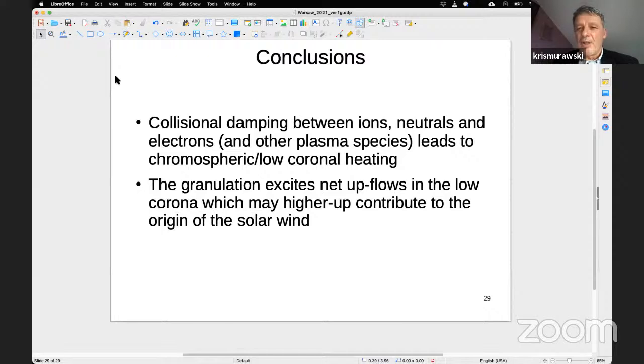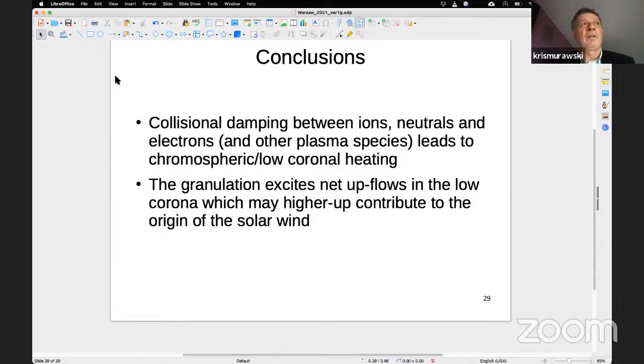Not yet. As far as the generation of the solar wind is concerned, usually people take Alfvén waves into account. They say that strong, large amplitude Alfvén waves are responsible for generation of the solar wind. In our case, our model shows that Alfvén waves are present in the model, but they don't seem to play a major role.